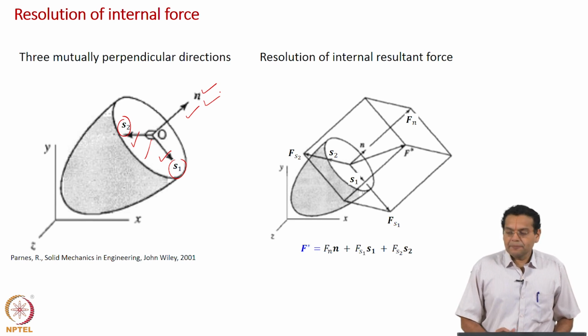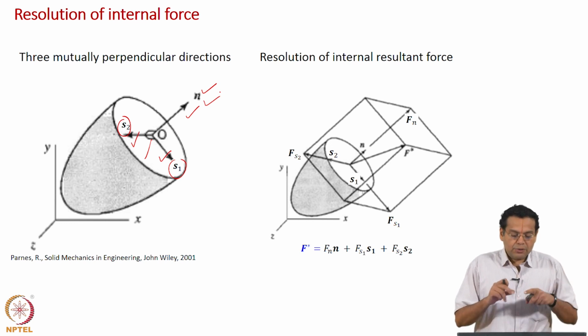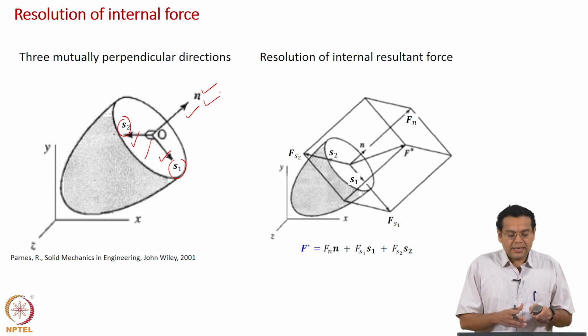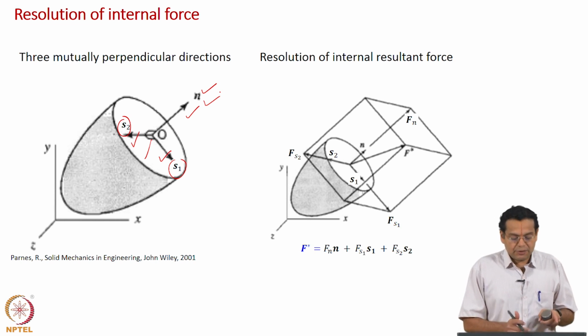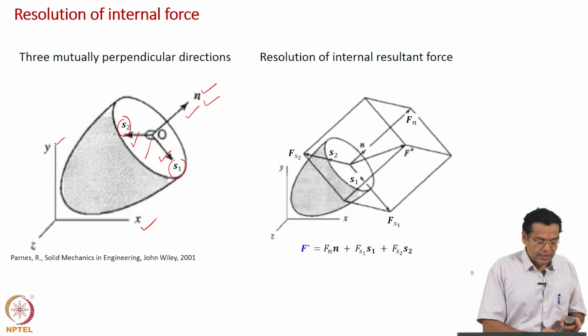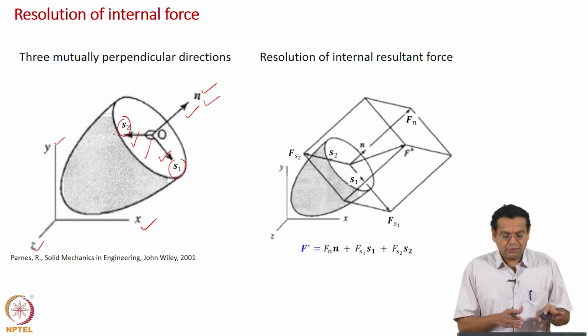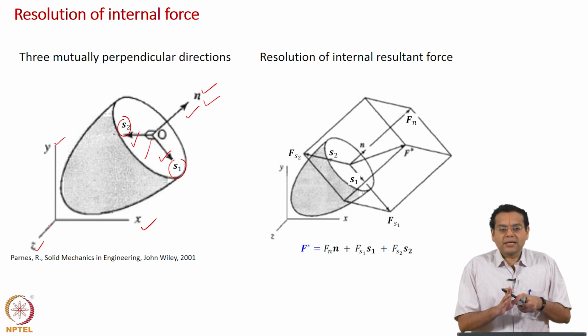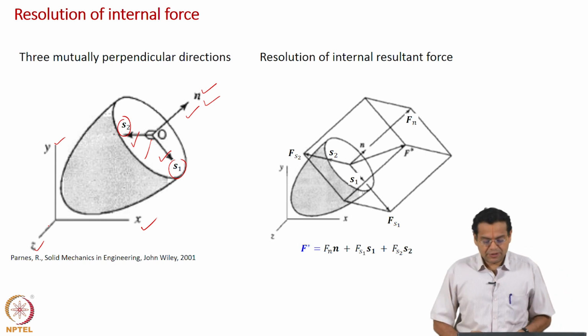We are going to resolve the resultant force along these 3 mutually perpendicular directions, one normal to the plane and 2 on the surface of the plane. That is why I say this coordinate axis goes along with the plane. It is not our usual x, y, z coordinate axis, we will come to that shortly, but as of now this coordinate system is associated with the surface.